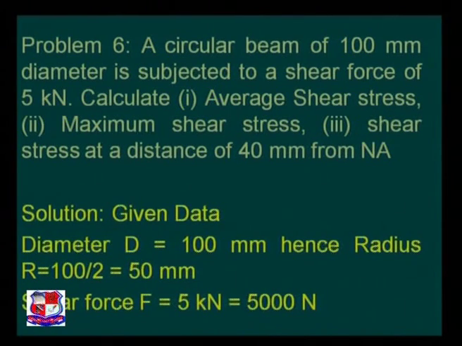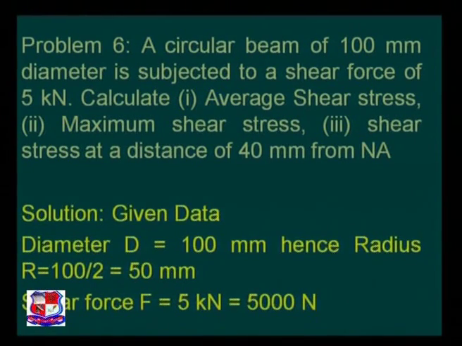Try to evaluate which data has been given to us and what we have to find out. First thing, the given beam is a circular beam having a circular section and the diameter is clearly given to us, that is 100 mm. Obviously, because of that, the radius is half of that, 50 mm.